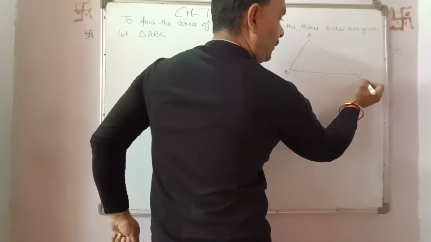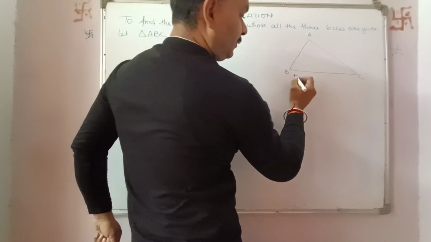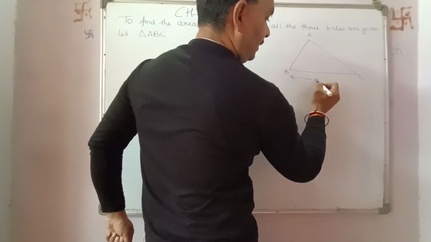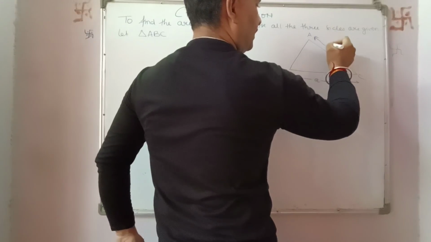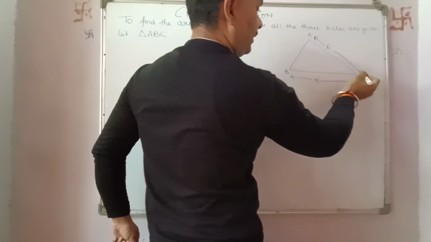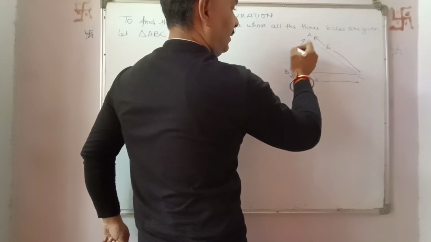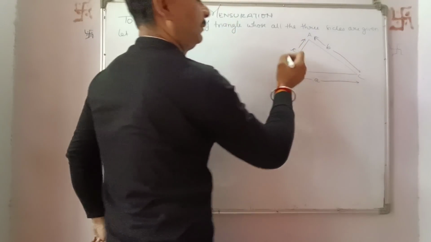I just told you the side opposite to vertex A is considered as small a, vertex B as small b, and vertex C as small c.